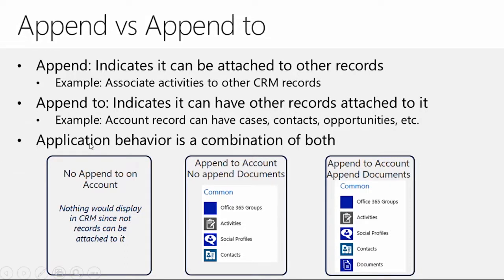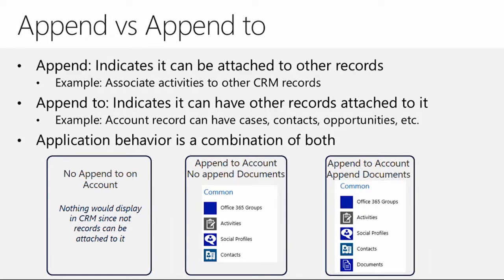So for example, if I do not have append privileges on the account entity, I really don't have the ability to attach anything to it. I can't add activities, I can't add social profiles, I can't add anything to it. If I have append to privileges on the account record, but I do not have append privileges on the documents, then I can attach things to the account, so I can see Office 365 groups, activities, social profiles, but I can't see documents because I don't have the ability to associate documents with any other records.